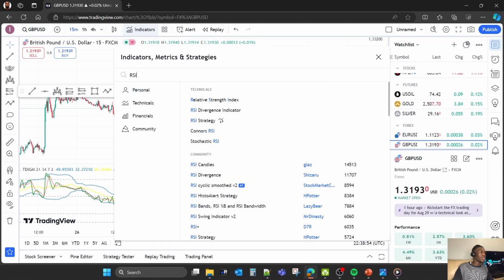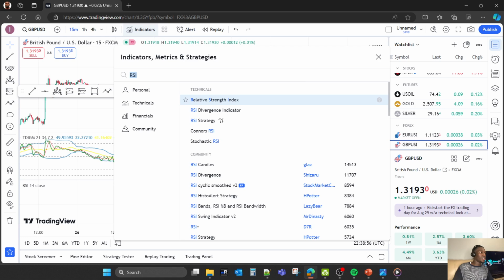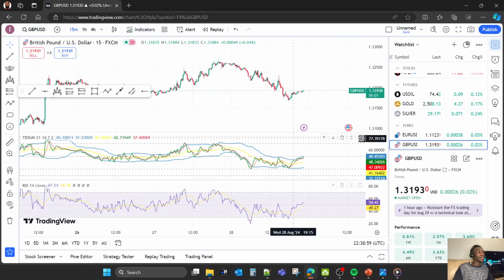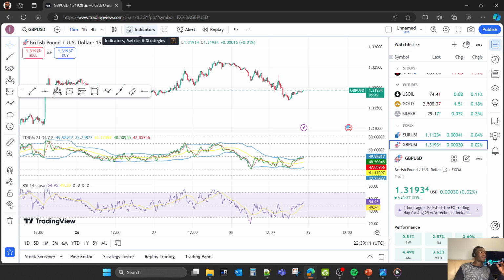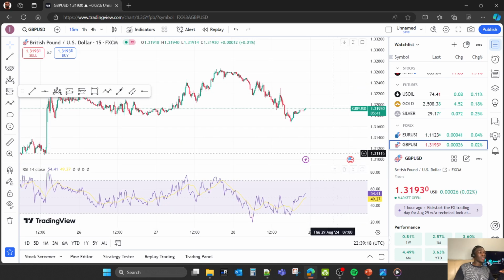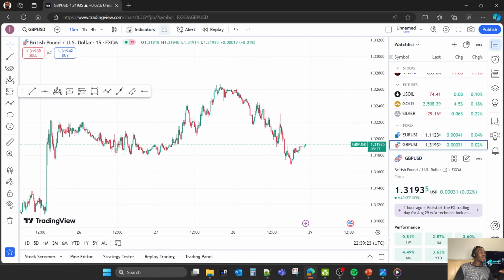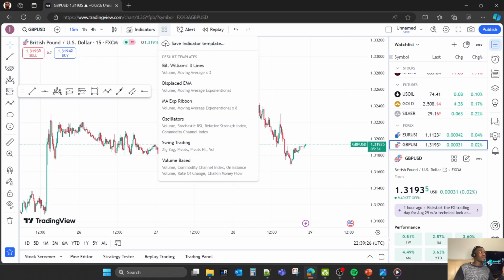RSI, that's another indicator. This is it, and this is how it looks. So most of the people use this spot to find their indicator which will help them with their strategies or anything like that. But as for me, I don't want these, so let me quickly delete them. I don't want anything like this. At this point, there's nothing that will help you in terms of trading.